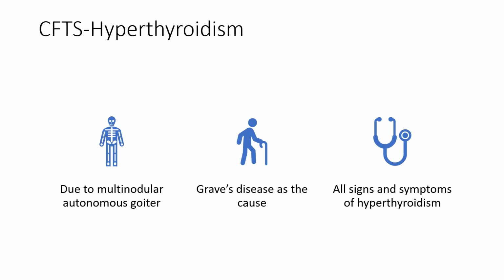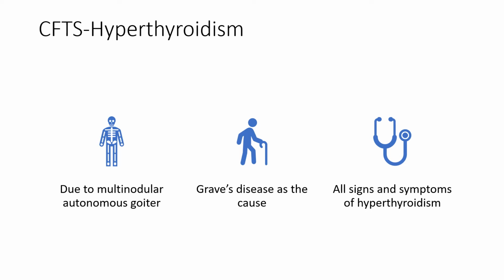We can be dealing with hyperthyroidism. Remember I said at the beginning that you should have a plain mind when approaching anyone with goiter, because you might have hypothyroidism, hyperthyroidism, or euthyroid state. So if we come across hyperthyroidism, it might be that we are dealing with multinodular autonomous goiter, or there's Graves' disease as the cause.